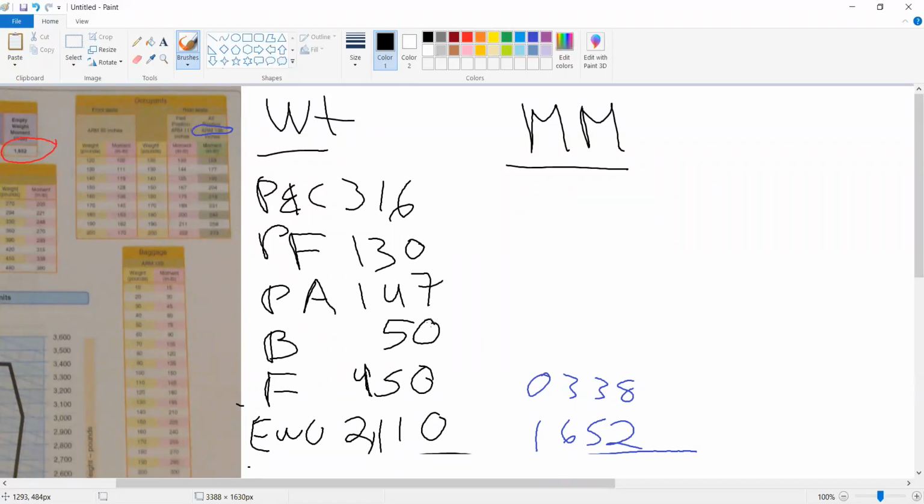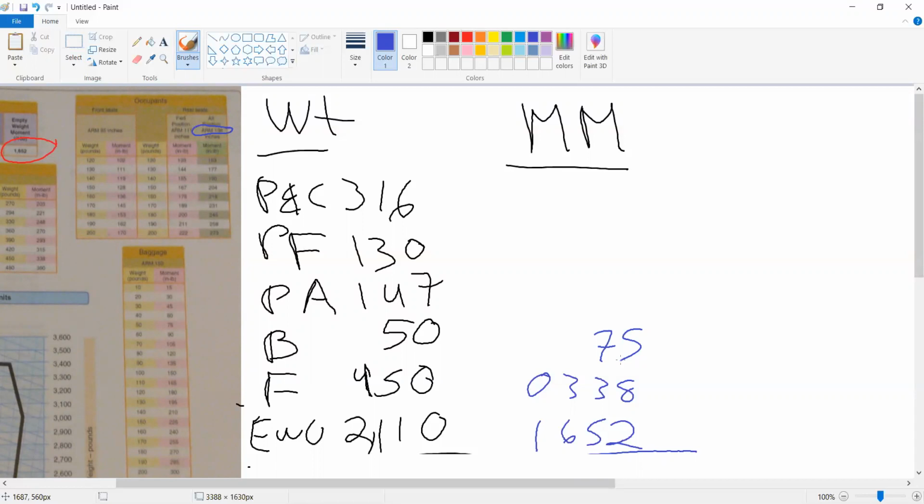All right, now we have to find the moment of each one. Let's do baggage. Baggage is 50. Do we have a number for 50? Yes, 75. Good. Passengers. All right, passengers aft, and we have 147. Is that on there? No, it's not. But we have 150.